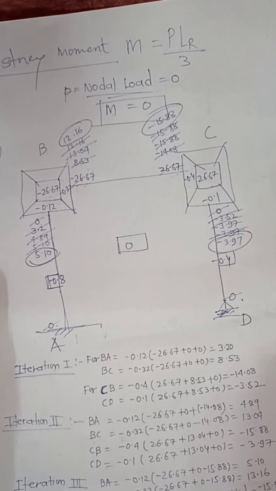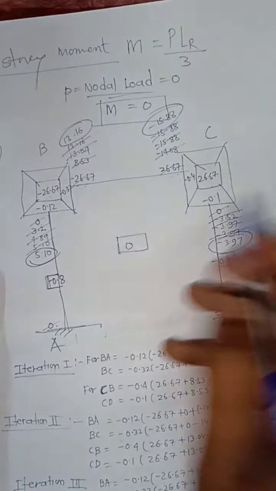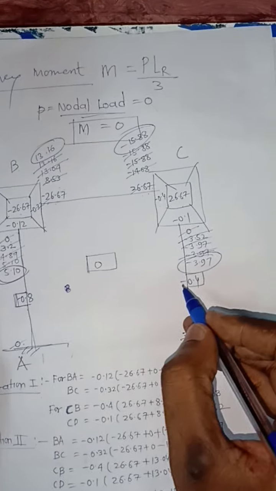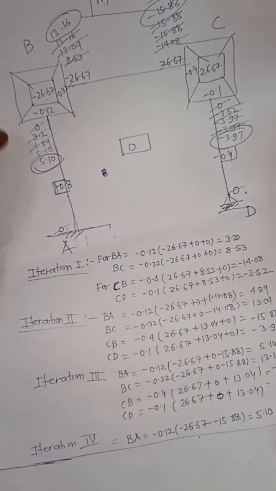First of all, we have to consider the first value, this 3.2. Let us see here, यहाँ करेंगे.